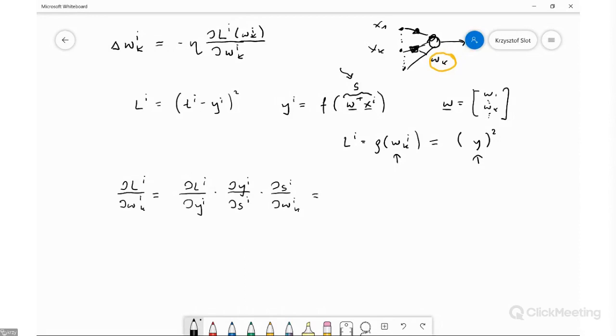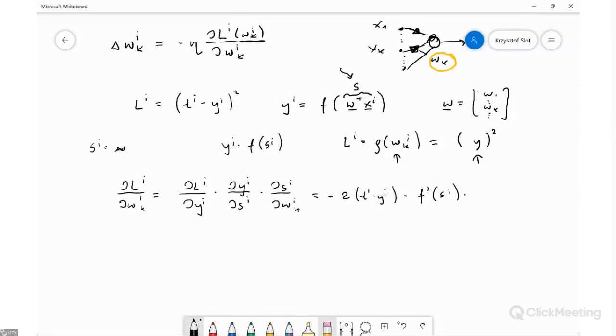So it is 2 times ti minus yi and times minus 1, just because y was minus. Now there is a derivative of, I can say that yi is f sub si. This is a transformation of a state. So I will just tell this is f prime, a derivative with respect to s of si times, and what is s? s_i is just a dot product.